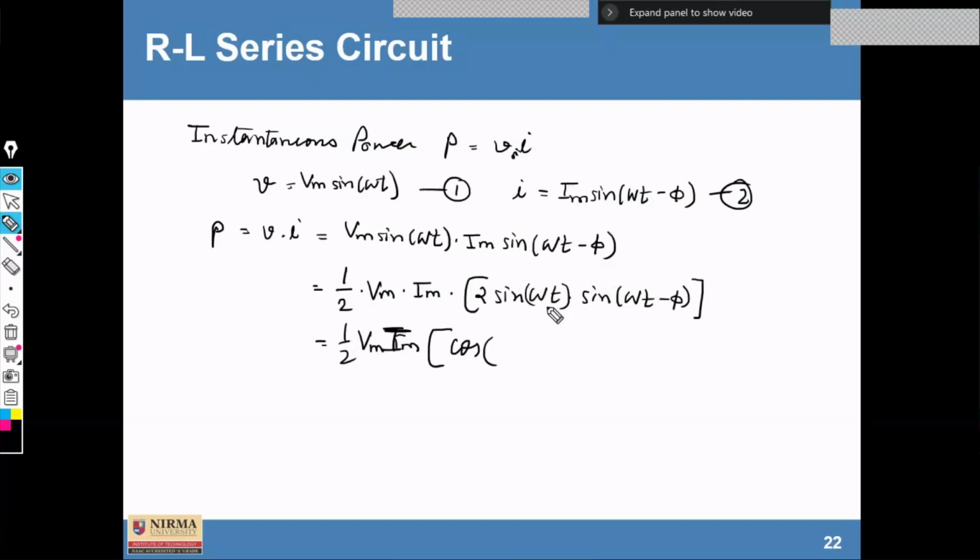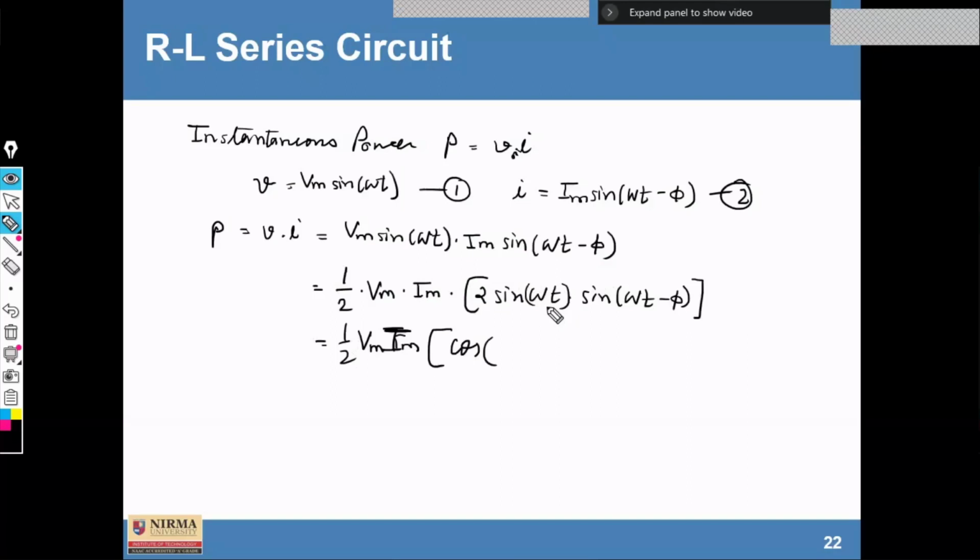This cos phi is nothing but the power factor, the cosine of the angle which multiplies the apparent power VI. VI into cos phi is the active power, always written as capital P. VI sin phi is known as reactive power.